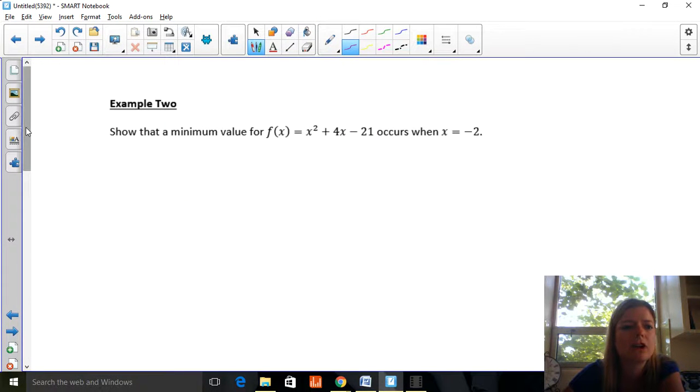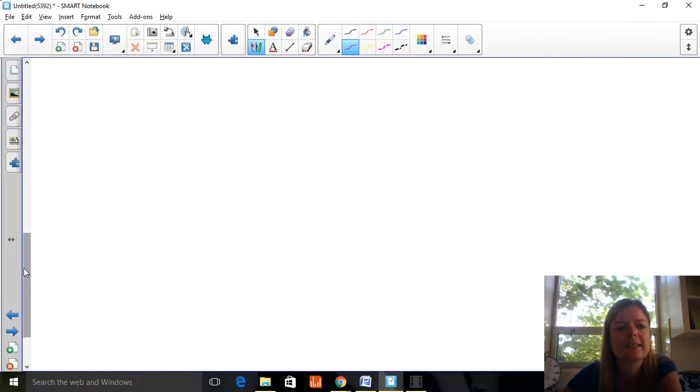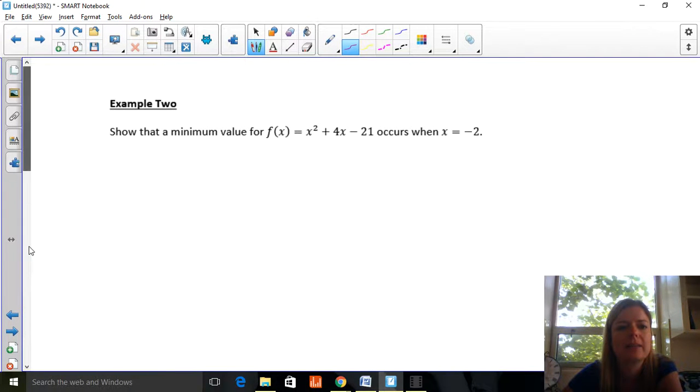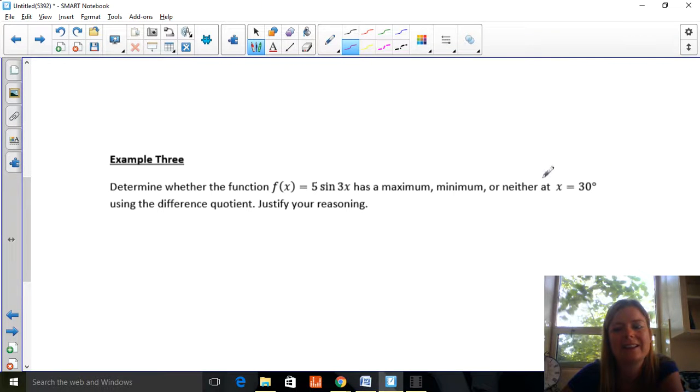Okay, so go back and now try example 3. You should get, in this case, that x equals 30 is a maximum. So I want to see that you can master that, the most basic type of example, before we move on to example 2 and example 4. Give it a try.